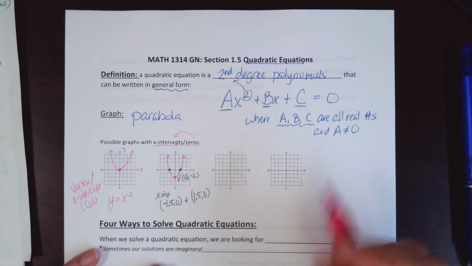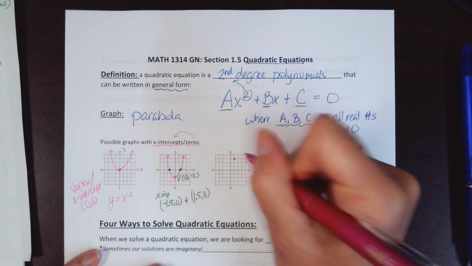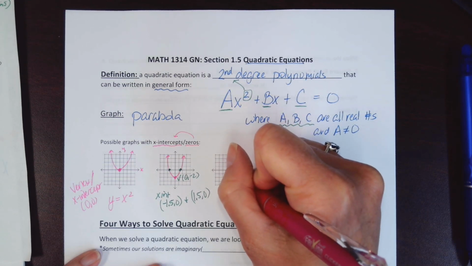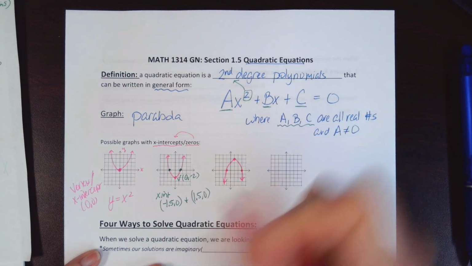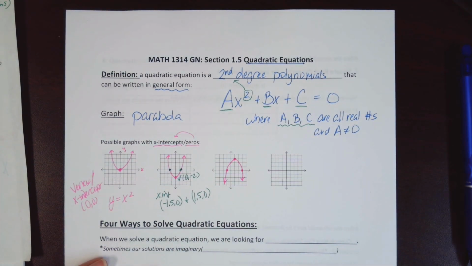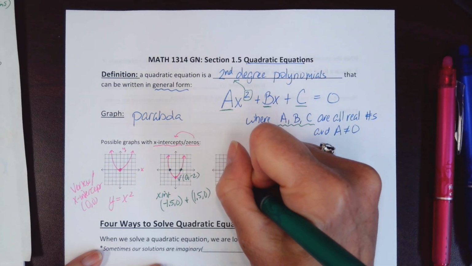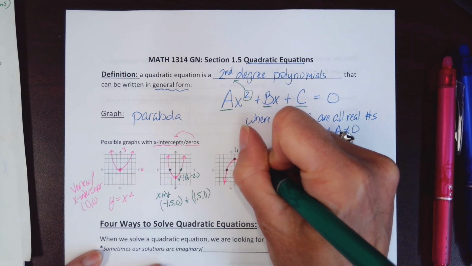Another option might be that, like I said, I have a vertex that's up above, and then I have my parabola opening downward. I paid more attention this time to my x-intercepts. I have two x-intercepts again, right there where I cross the x-axis. This time I put my vertex at 1, 3.